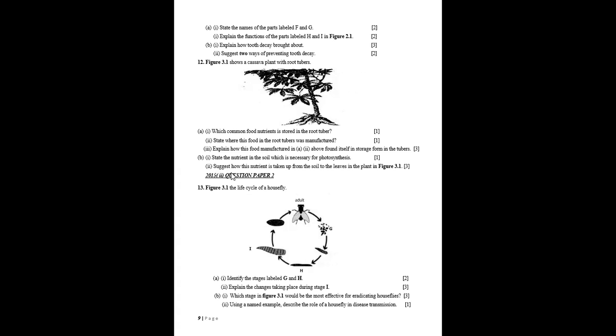Then suggest how this nutrient is taken up from the soil to the leaves in the plant in figure 3.1. Water in the soil is absorbed by the root hair by the process of osmosis. It is taken up through the xylem vessels with the help of transpiration pull.